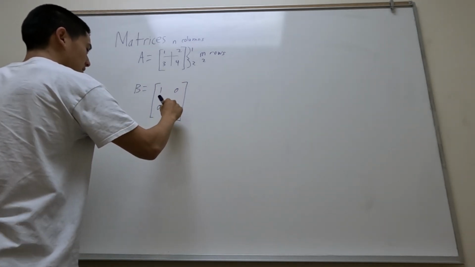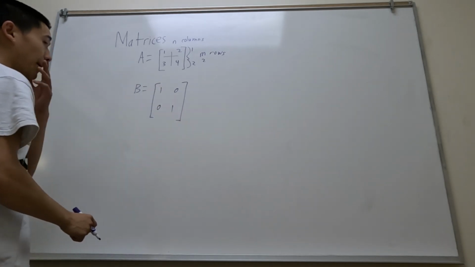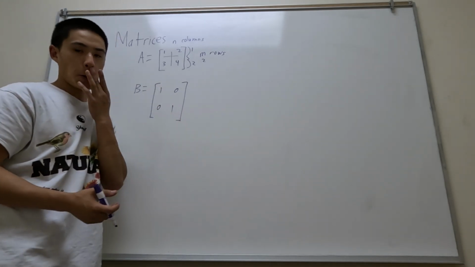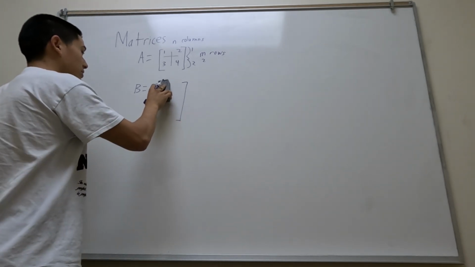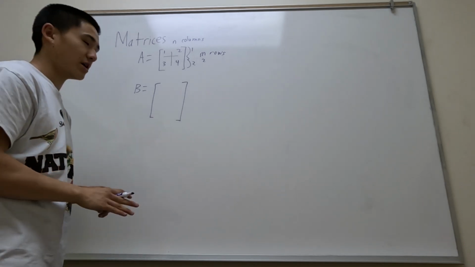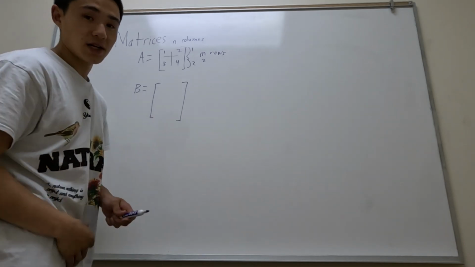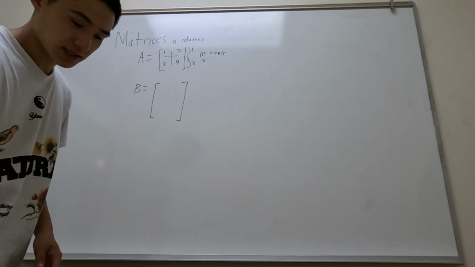There's stuff like this, which is just an identity matrix. If you want all the little details, you can look at other math tutorials. But if you want points in your class and want to know what your class is trying to teach you, this is what we're going to do.